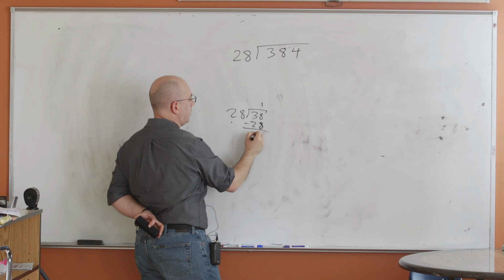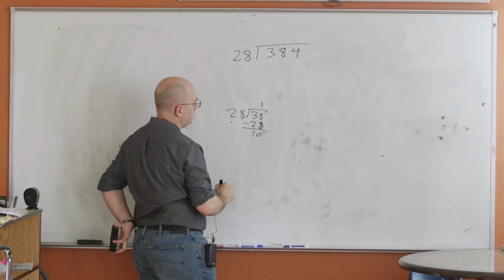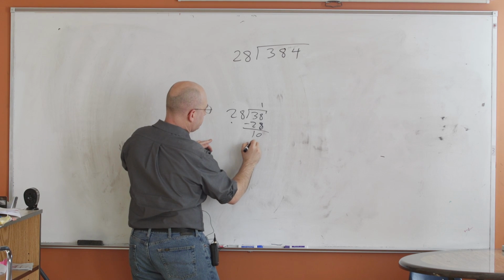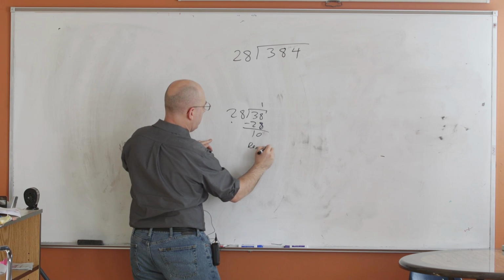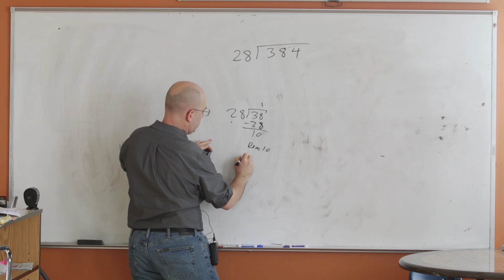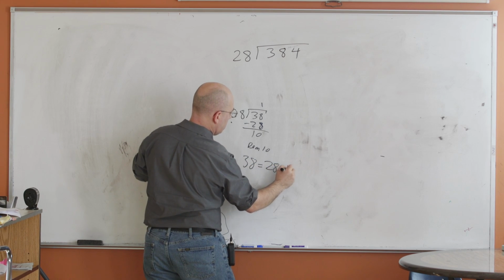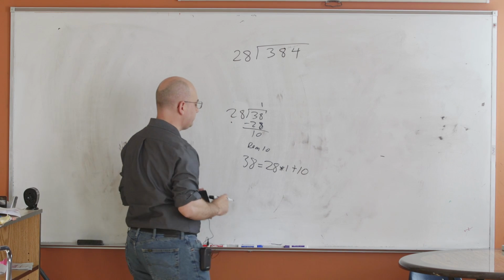And this is how we'd write it: you'd have a remainder of 10, and basically 38 is equal to 28 times 1 plus 10.